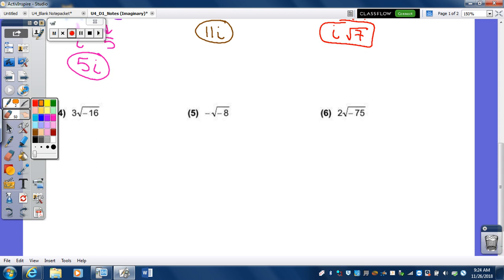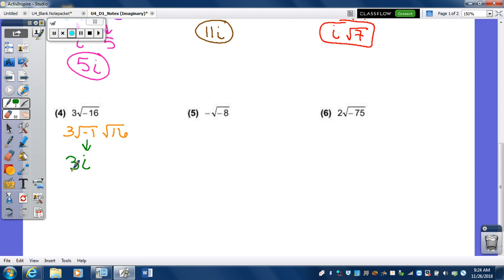All right, number 4. This time we've got a number in front of our radical sign. We've got that 3 there, but still 16 is a perfect square, so I'm going to put my 16 there, my negative 1 in front of it. So again, the square root of negative 1 becomes i.